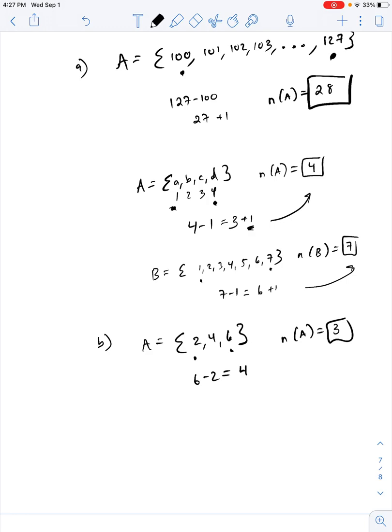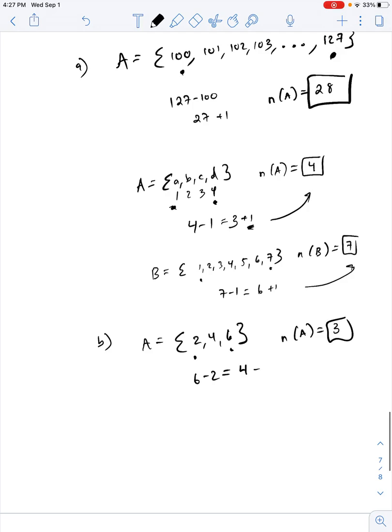But how do we get this 3 there? Right? How do we get 3 from that? Well, we take away 1. Right? That's how we can get that 3. But let's see if it works again. Right?